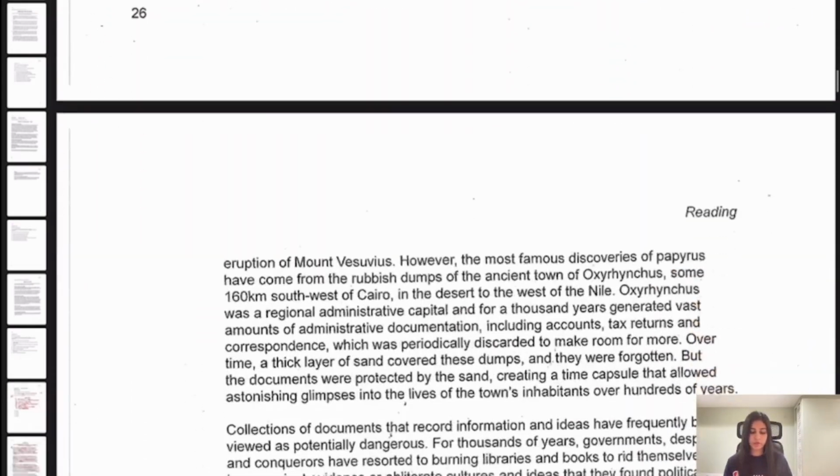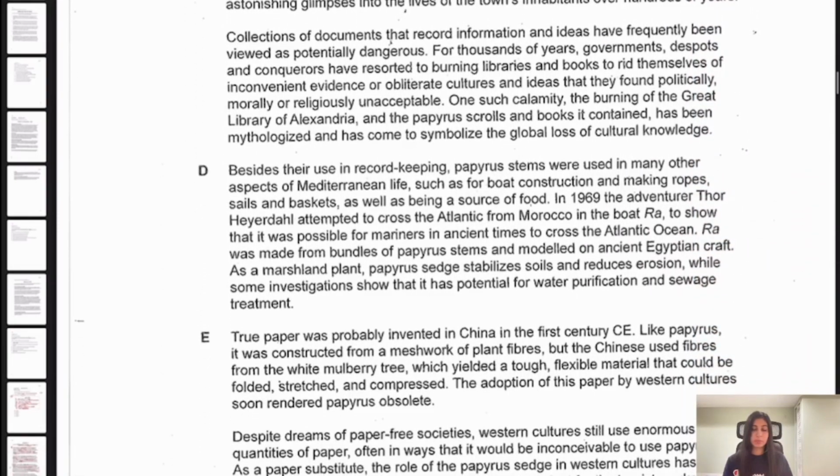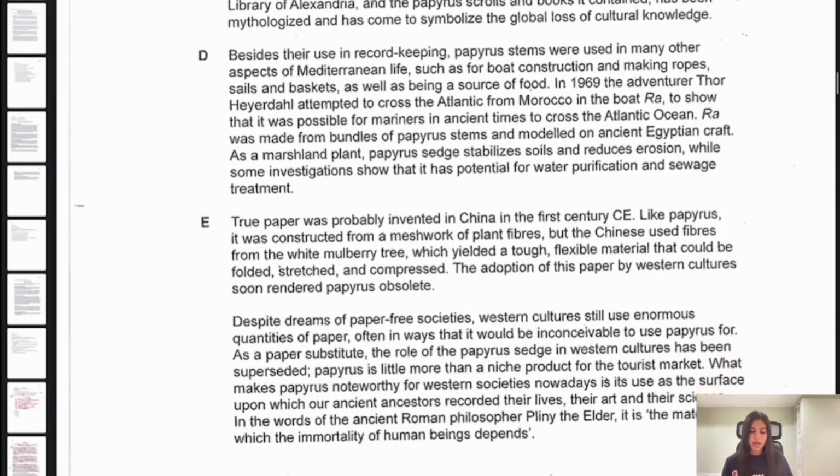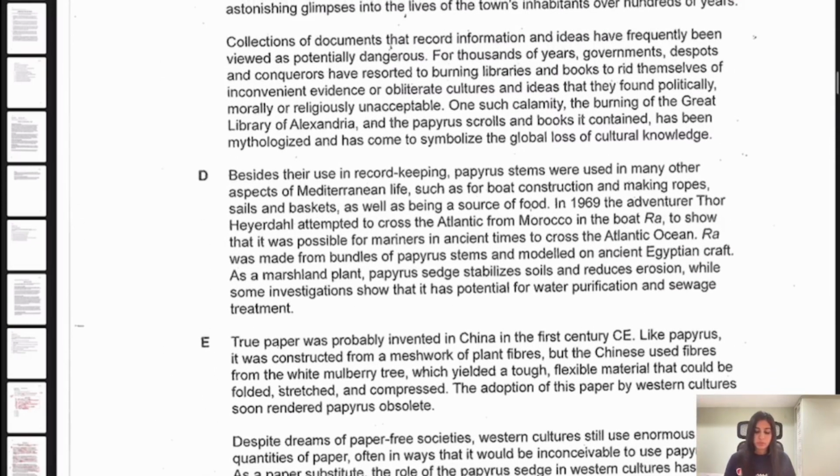I hope it's clear to everyone. I won't be reading C right now. We'll straight away move to D because it's a smaller paragraph, and then we'll go to either E or C. Besides its use in record keeping, the stems were used. So I guess it's pretty clear this entire paragraph would be about the different usage of this particular plant.